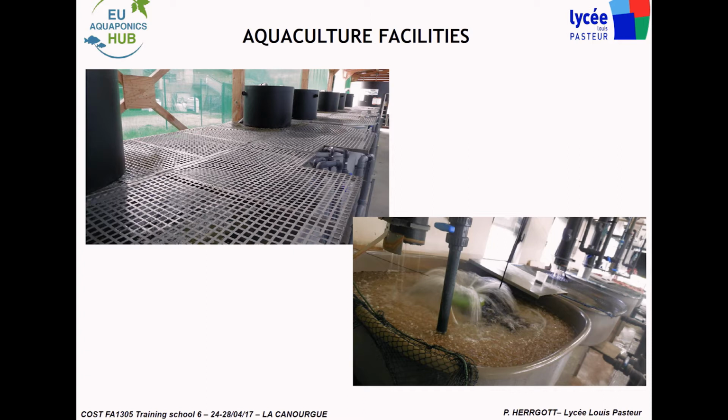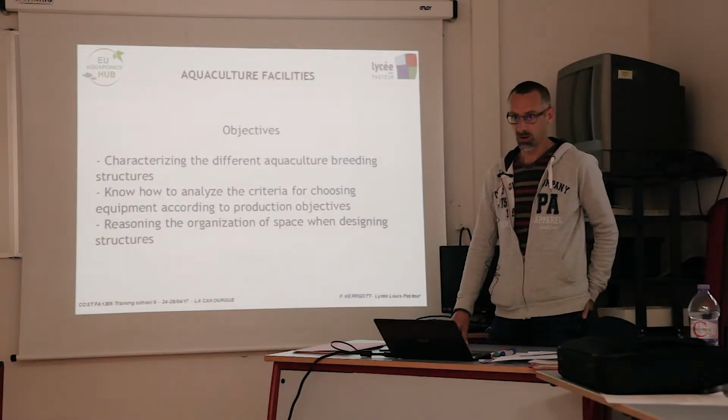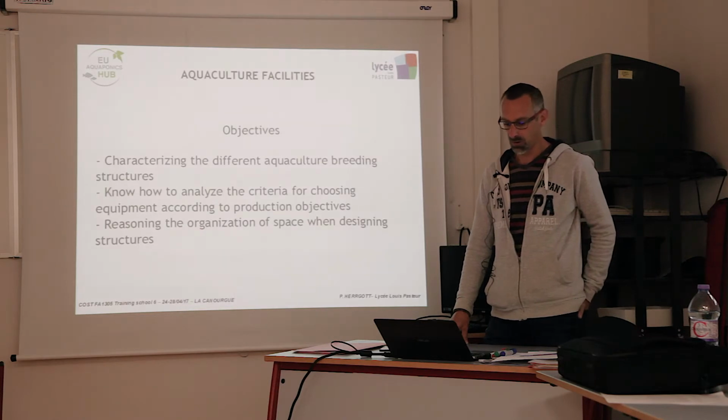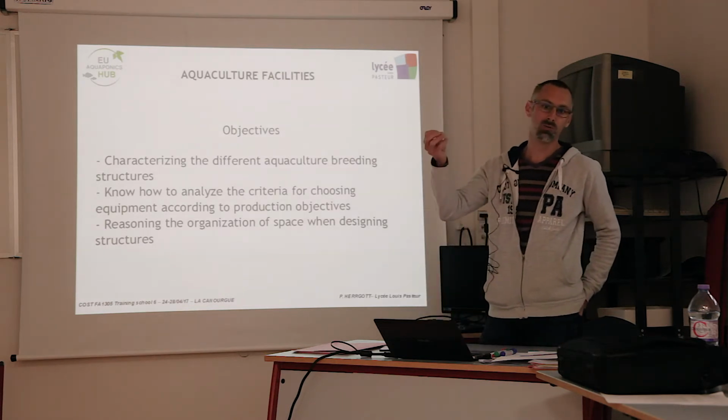Aquaculture facilities, where are the fish, with three objectives: characterizing the different aquaculture breeding structures, knowing how to analyze the criteria for choosing and how to dimension.